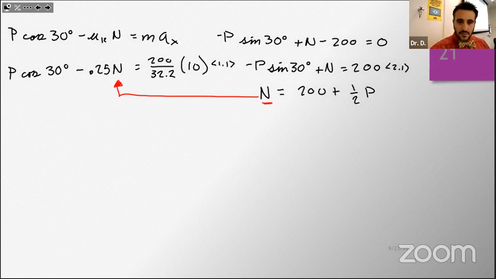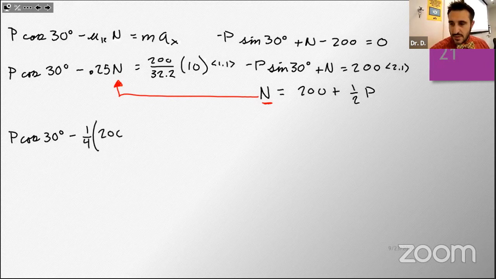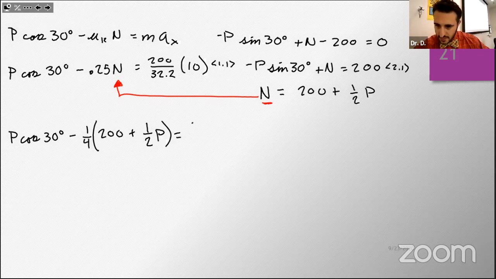So what does that give me? That gives me P cosine of 30 degrees, which I don't know off the top of my head, minus a quarter, because 0.25 is a quarter, times 200 plus 1/2 P is equal to 200 over 32.2 times 10.